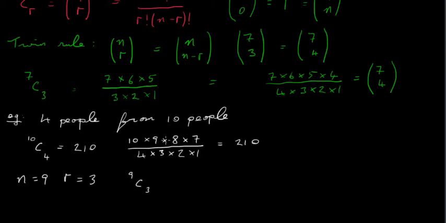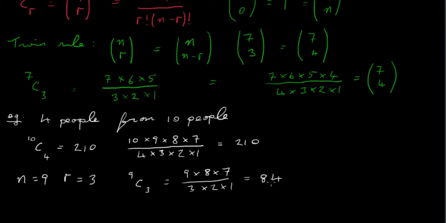And again, you can do it on your calculator, same as up here. You can do 9 times 8 times 7, because we go down 3 places because there's a 3 here, over 3 times 2 times 1. So that will work out at 84. So use your calculator or just work this out, you'll get 84.